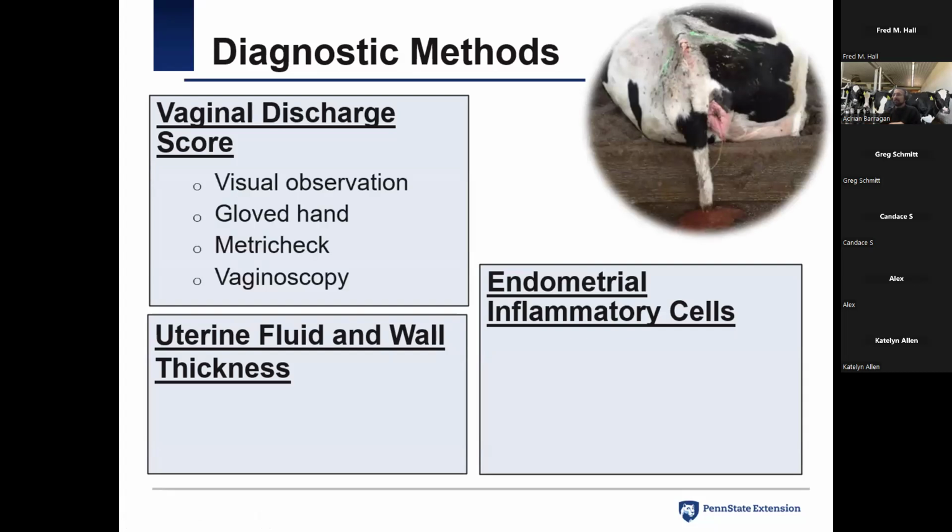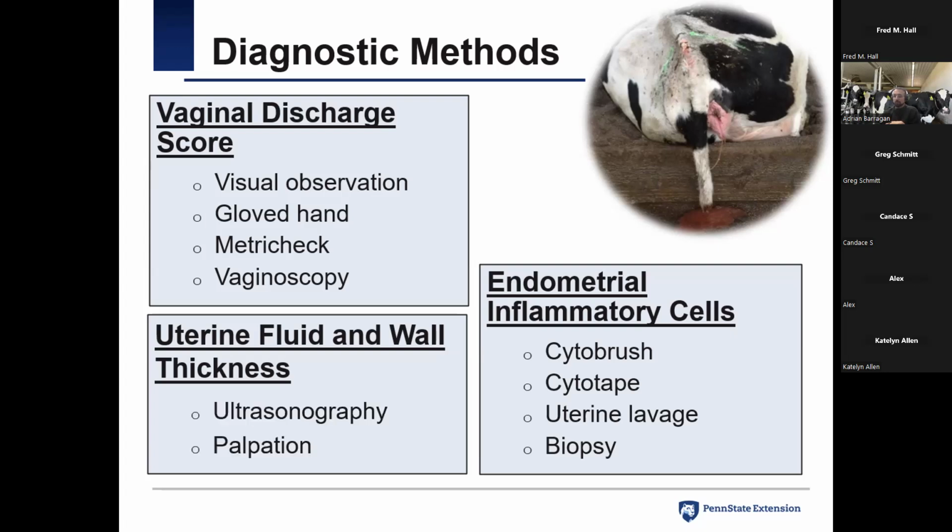For vaginal discharge, we have visual observation, glove hand, Metricheck, vaginoscopy. For endometrial inflammatory cells assessment, we can use cytobrush, cytotape, uterine lavage, biopsy. For uterine fluid and wall thickness, we can do ultrasonography and palpation, basically for the fluid. But that's not all the methods, and I'm just going to go through a few of them, perhaps the more meaningful ones and the ones that are more applicable.